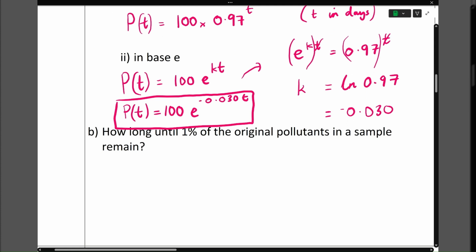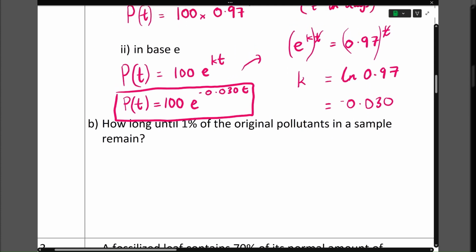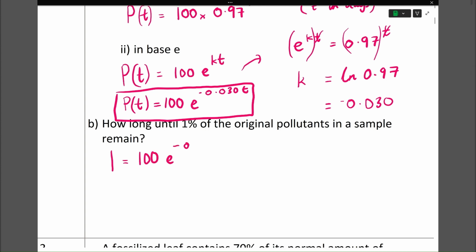How long until 1% of the original pollutants in a sample remain? So taking this equation, we're going to take the percentage to be equal to 1. So that's the final percentage is equal to 100 times e to the minus 0.030t.